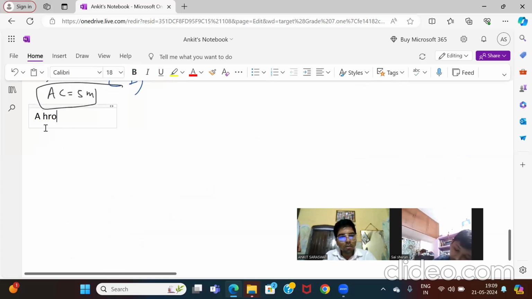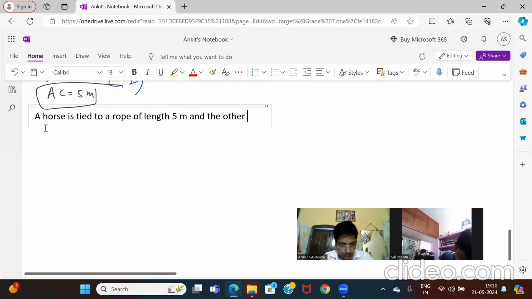A horse is tied to a rope of length 5 meter and the other end of the rope is tied to a pole.